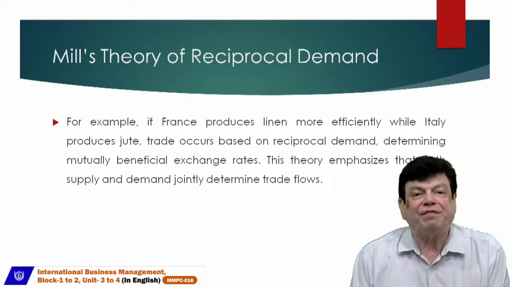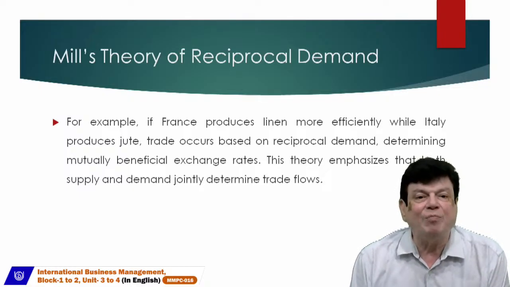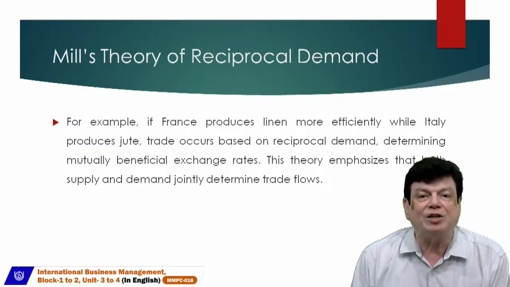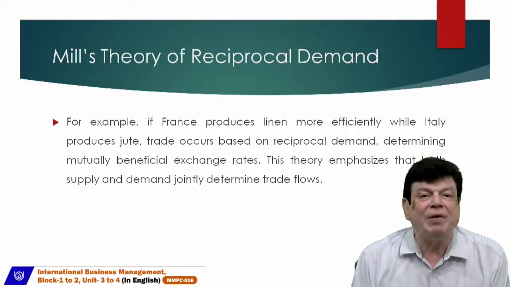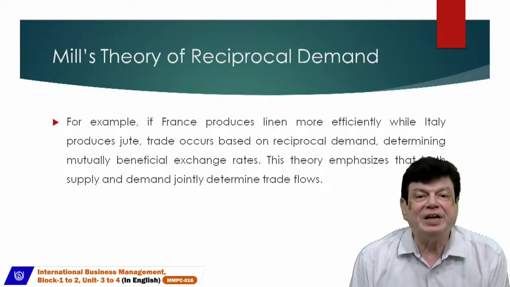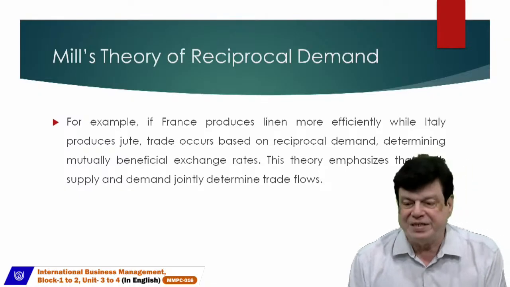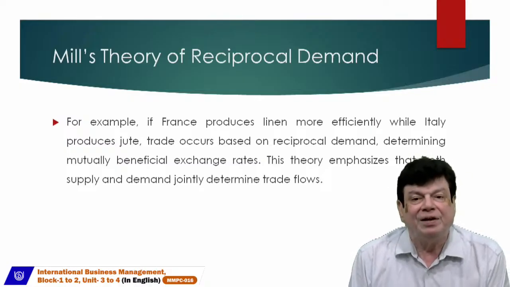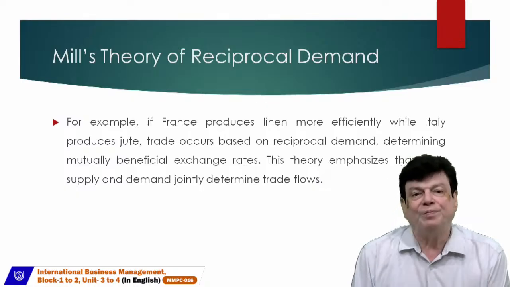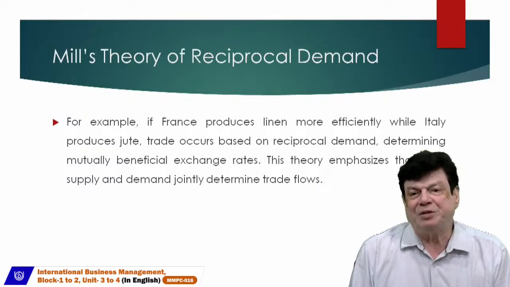For example, if France produces linen more efficiently while Italy produces jute, trade occurs based on reciprocal demand determining mutually beneficial exchange rates. This theory emphasizes that both supply and demand jointly determine trade flows. So, here we have explained it by example.